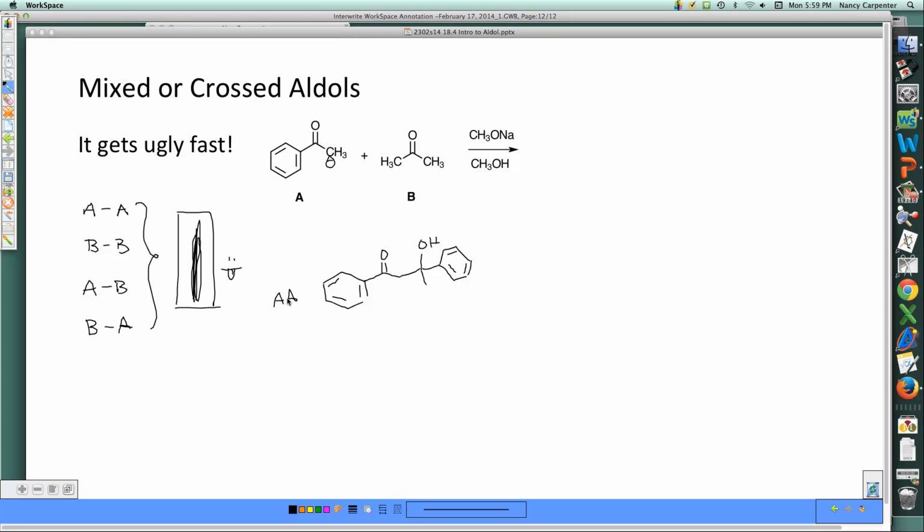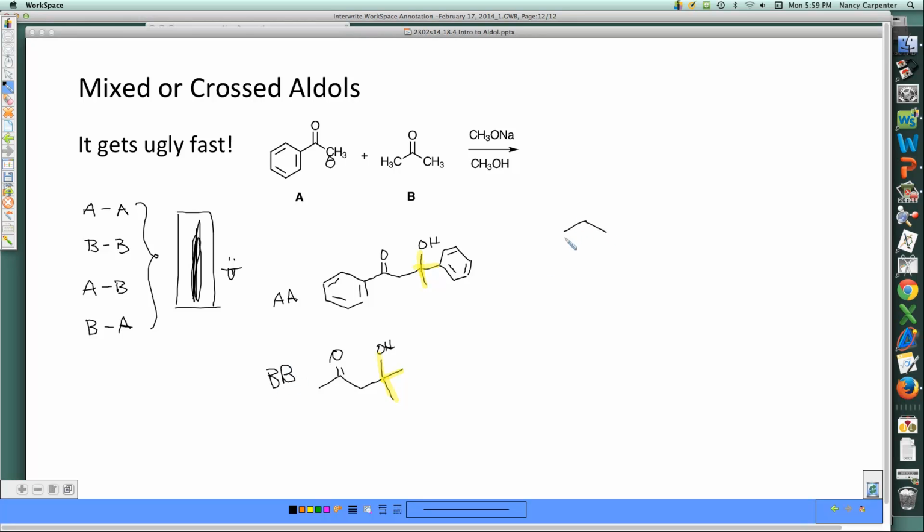B and B, well, here's B. There's the 1,3 relationship. There's molecule B. So I'll just kind of color code the electrophiles here. Looking ugly already.